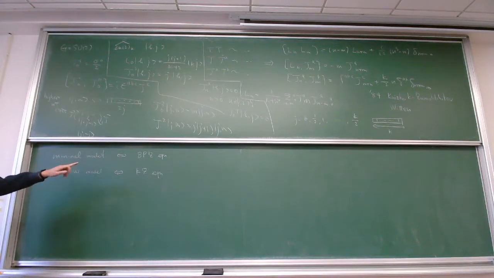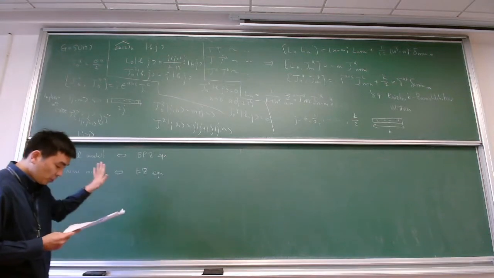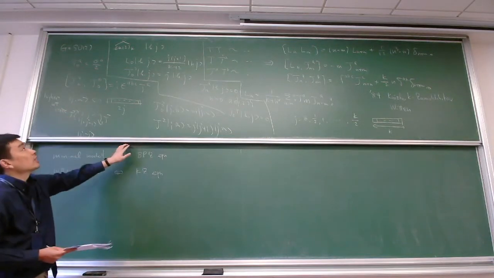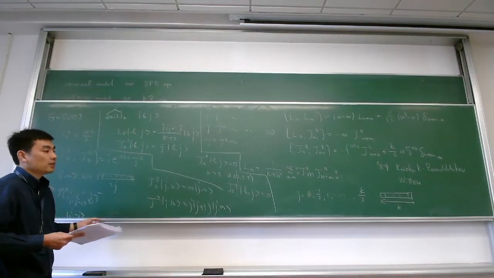Anyway, in the minimal model, we insert the degenerate field and find the differential equation that the correlation function satisfies. We can do the same trick in the Wess-Zumino-Witten model. So we learned the infinite dimensional Lie algebra and its representation, and this is the highest weight state.